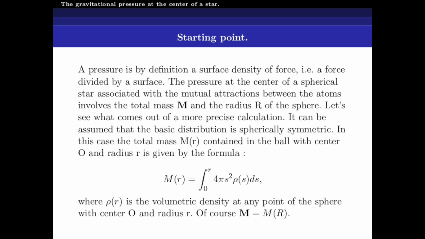In this case, the total mass m(r) contained in the ball with center 0 and radius r is given by the formula m(r) = integral from 0 to r of 4πs²ρ(s) ds, where ρ(r) is the volumetric density at any point of the sphere with center 0 and radius r. We have, of course, M = m(R).